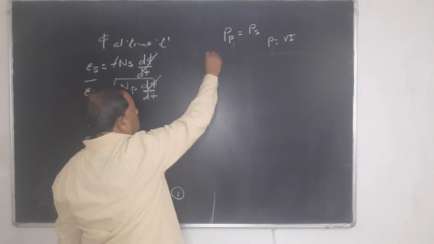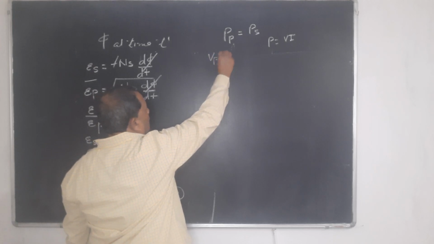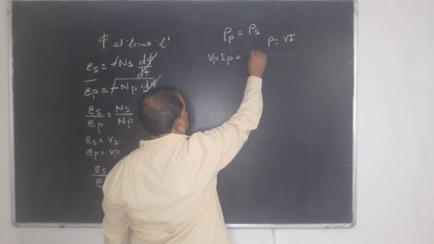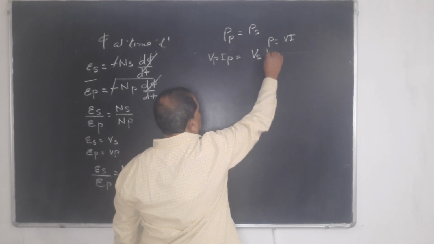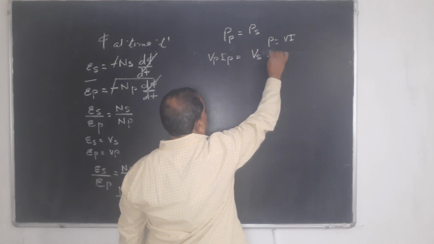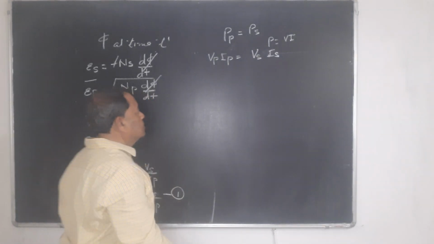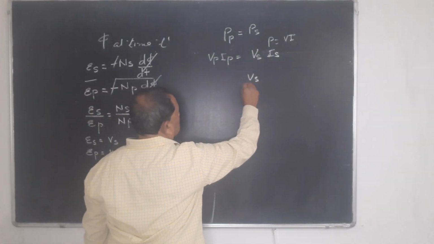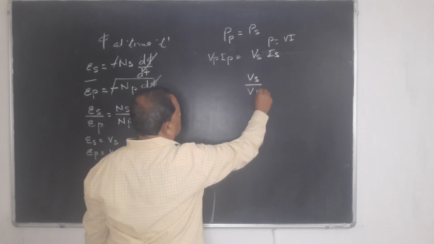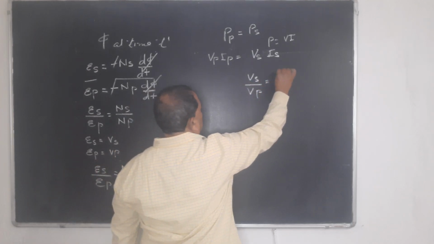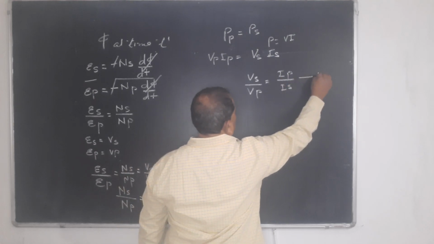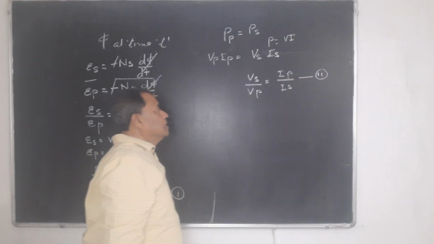So here we can write Vp Ip is equal to Vs Is. So from that we will get equation Vs upon Vp is equal to Ip upon Is. This is equation number 2.